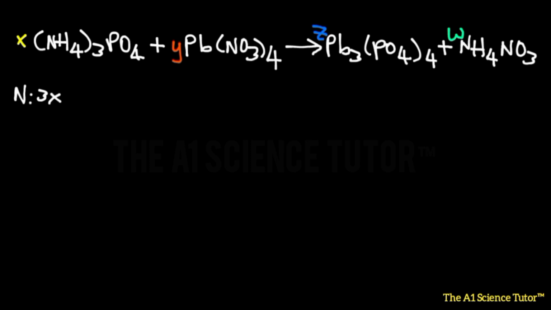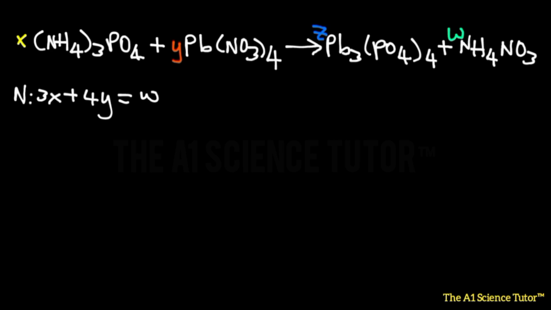So that will be 4 multiplied by 1, that gives us a 4, and that will be multiplied by y. So that should give us a 4y. Now on this side, we don't have any nitrogens for the first molecule, but there is a nitrogen here. There is W number of moles of the whole molecule, ammonium nitrate. There's just one atom of nitrogen, so that will be multiplied by W. This will be the equation for nitrogen.